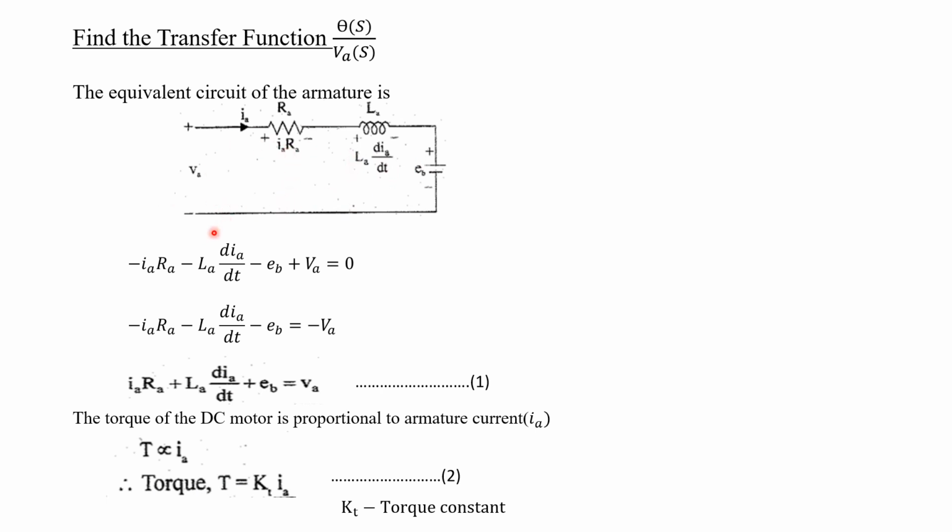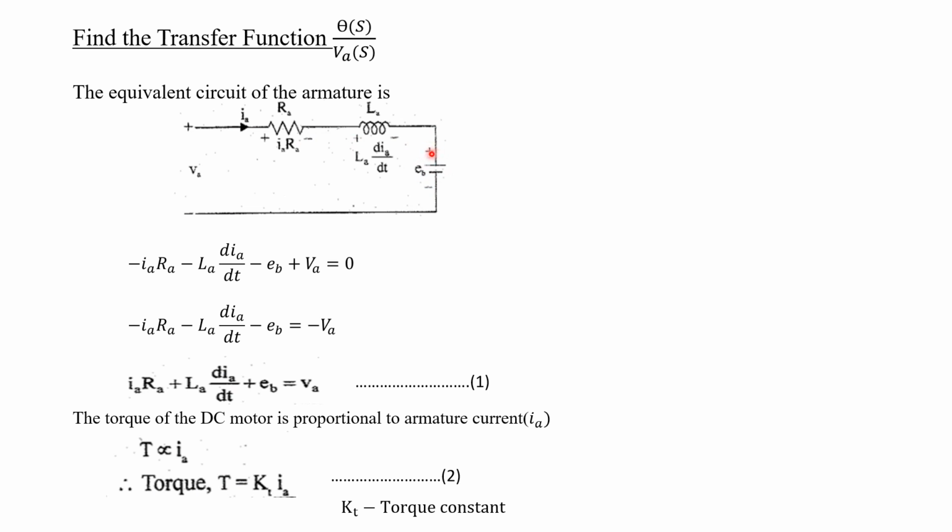When we are applying KVL, what do we have to do? Before applying KVL, we have to put plus and minus along the direction of current flow for each and every element. So for this RA, we can put plus minus like this. Then this is an induced voltage, that is induced EMF, so we cannot change this plus minus here.